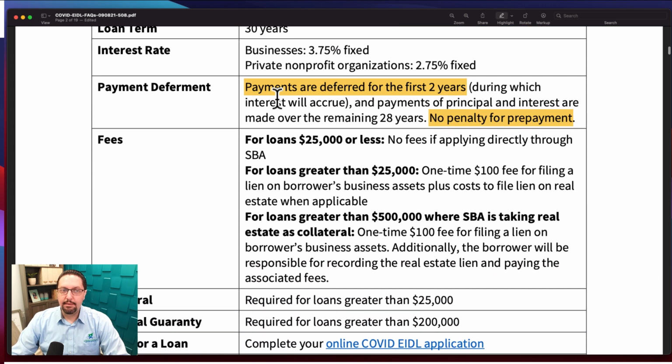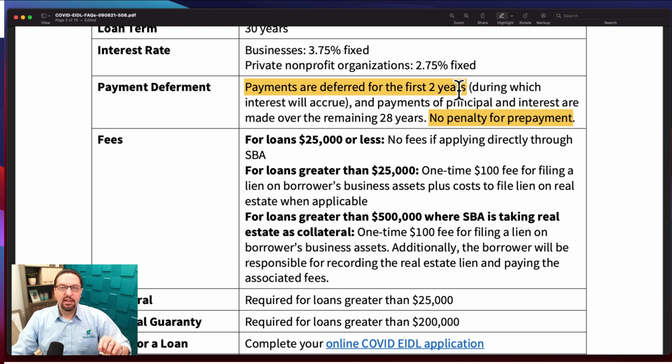Another change is the payment deferment period. Basically, the SBA is making the deferment period 2 years. So basically, from the time you get the loan, you have 2 years to start making your monthly loan payments. Now, if you got your EIDL loan in 2020, you already have a 24-month deferment period.